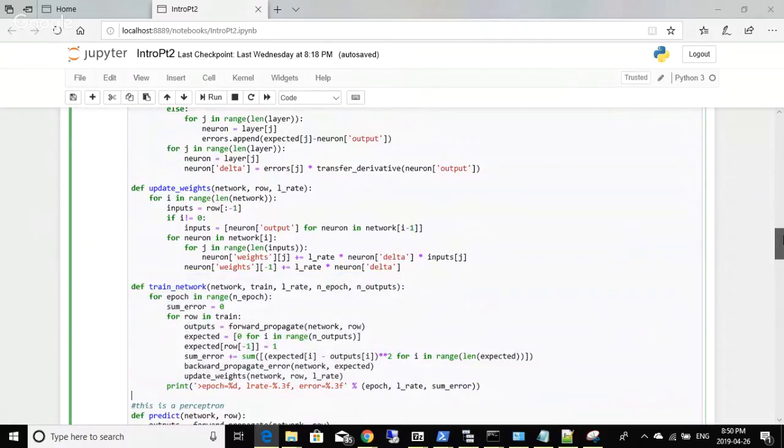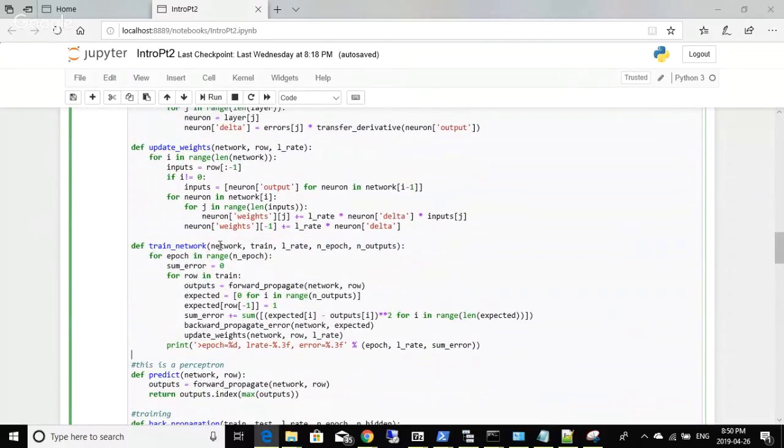All right, so let's go through this. We're going to train the network, right? For every epoch, you take each row, you first forward propagate it to get the output, which is your predictions, and of course now you compare those predictions against what was expected, right?